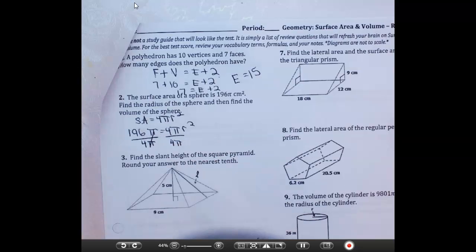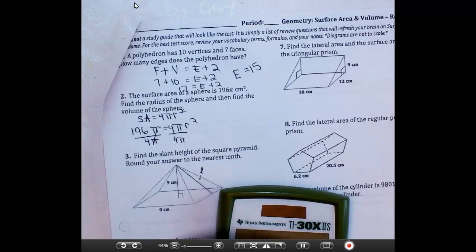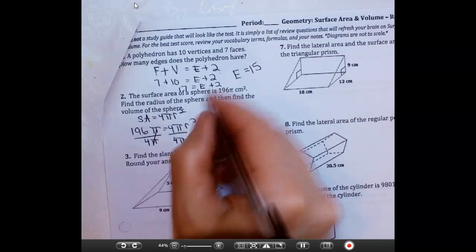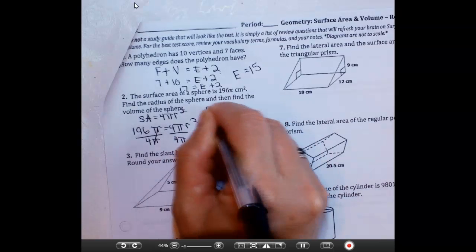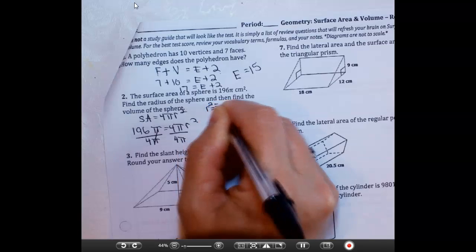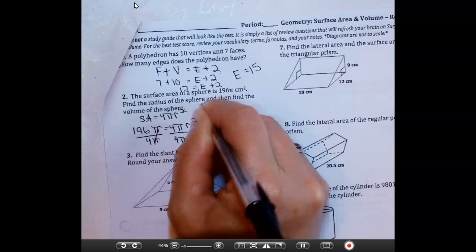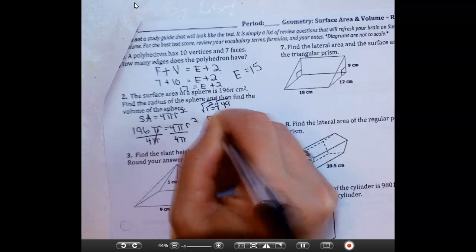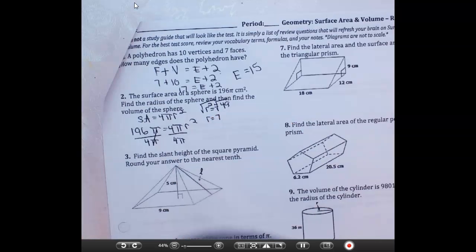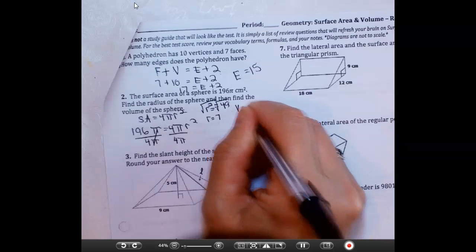I'm going to grab my calculator, 196 divided by 4. And I get 49. So r squared is 49, which means in order to get r, I'm going to take the square root. I get r is equal to 7, and now I can go and find the volume. Again, look at your formula sheet.